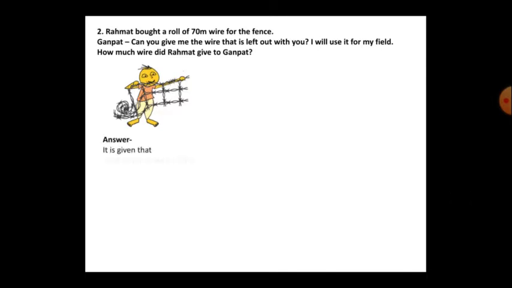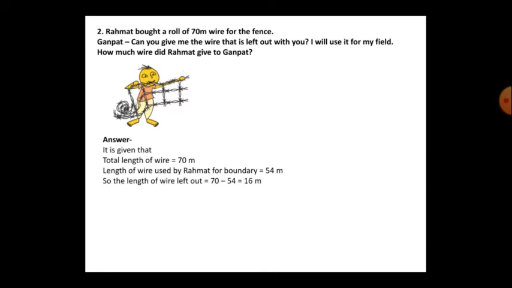The total length of the wire is 70 meter. Rahmat needs only 54 meter for his field's boundary. So the length of wire left is 70 minus 54, which is 16 meters. Hence Rahmat gave 16 meter of wire to Ganap.